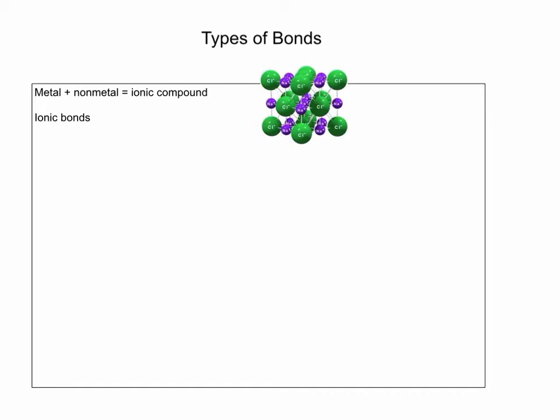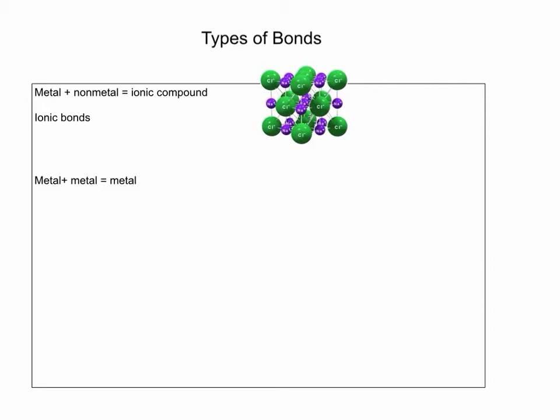But what happens if we don't have a metal and a nonmetal? What about a metal and a metal? Can these form compounds? Well, in general, when we say metals and metals combine, we don't think about them forming a compound. They just form a metal if it's only one element.